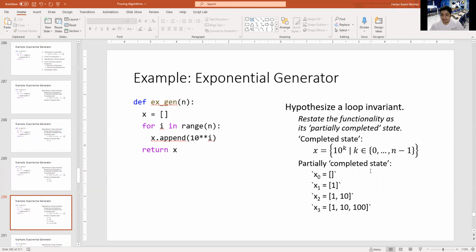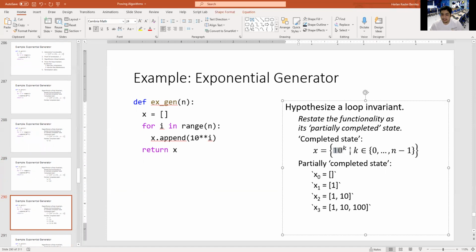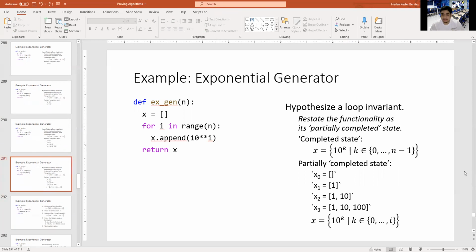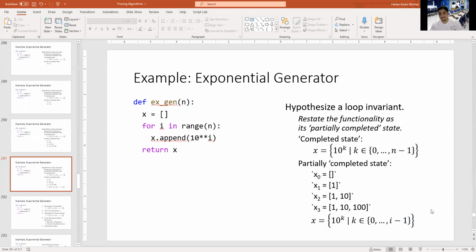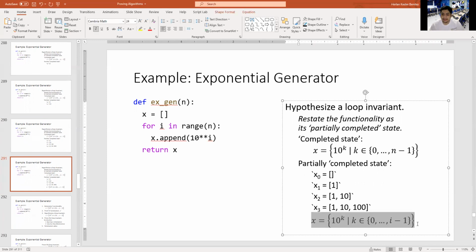So, the partially completed state is that instead of 10 to the k from 0 to n minus 1, our end is only up to i minus 1. This is the loop invariant we hypothesize.